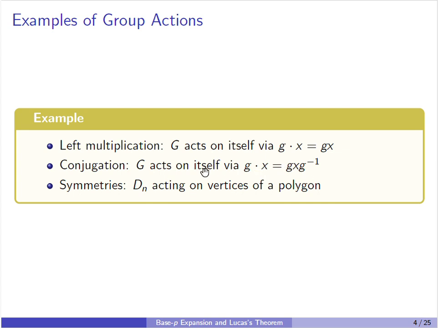So again, this is a group action, conjugation. And then for a more geometric action, think of a regular n-gon, and the dihedral group Dn acting by reflections and rotations. And you can check that, in fact, this is a group action as well.